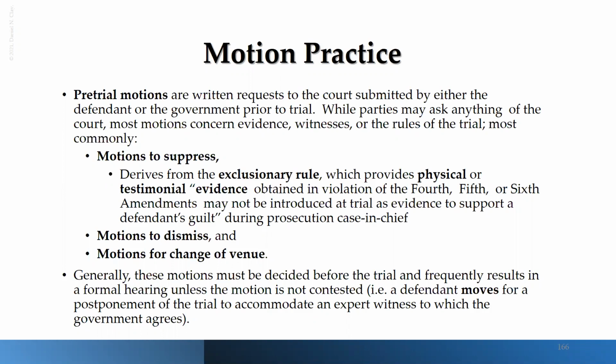Now, a couple of things to keep in mind here: a prosecution cannot bring up suppressed evidence in its case in chief. So suppressed evidence can be brought up at any other time except the trial, right?